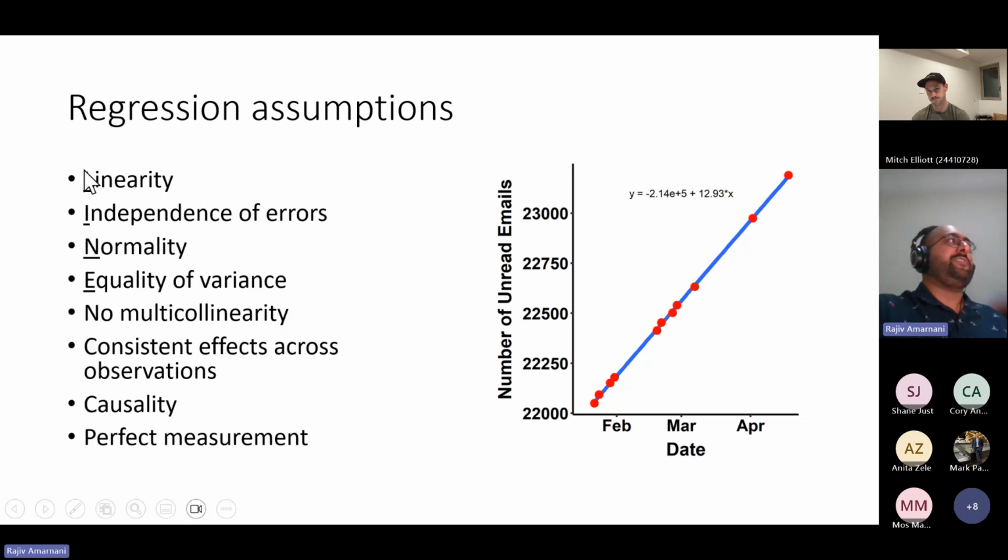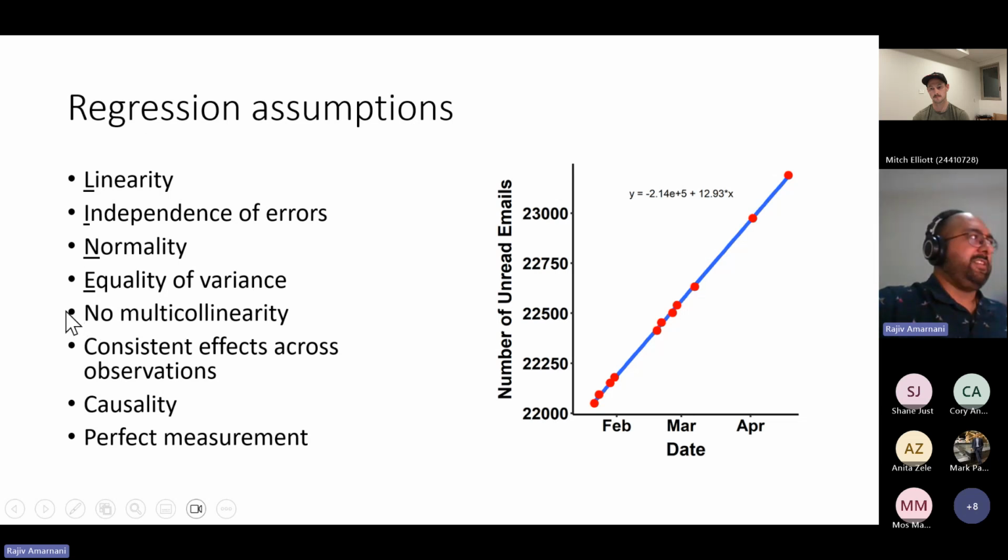The main set of regression assumptions has this little acronym, LINE: the relationship is linear, the errors or residuals are independent, the residuals are normal, and the residuals are equally spread out. Basically, the residuals are independent and identically distributed, we call it.